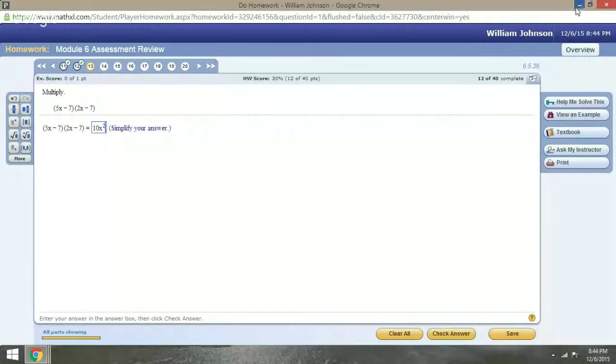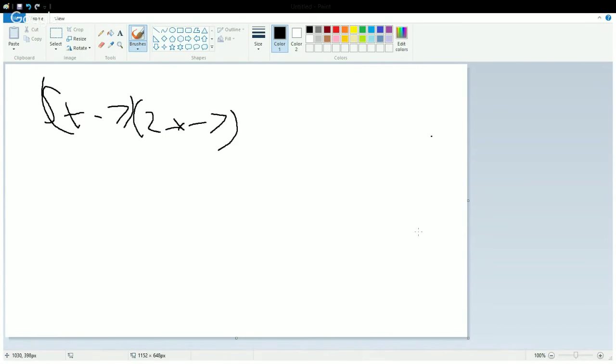Now to get the first, outside, inside, last, this is where they talk about FOIL. Now the middle term goes as follows. 5x times 2x is the 10x squared. So 5x times minus 7 equals minus 35x. And then it's going to be 7x times 2x, which is going to be 14x.